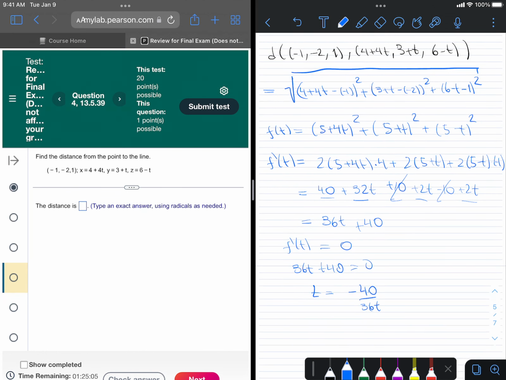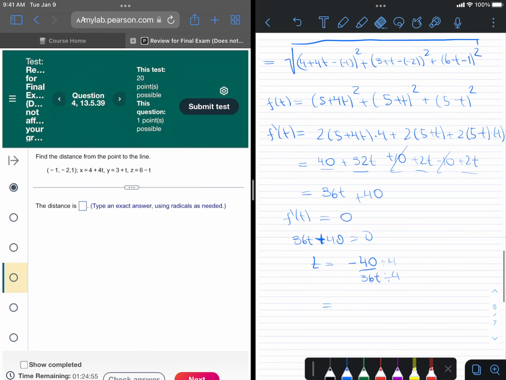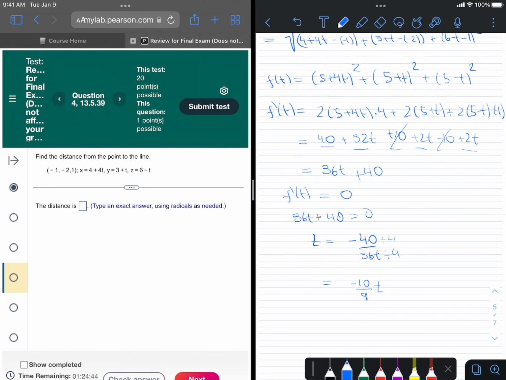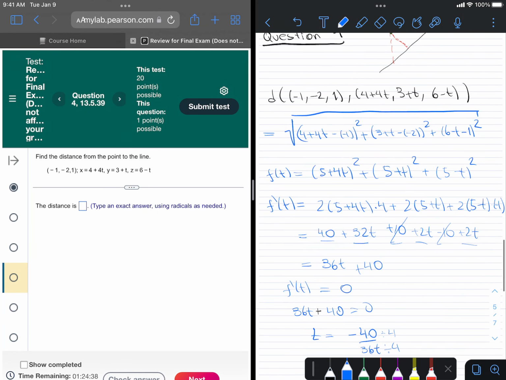You can divide those by 4, if you'd like, top and bottom, to get t equals negative 10 over 9. But then once you plug that back in, that should give you the correct distance.